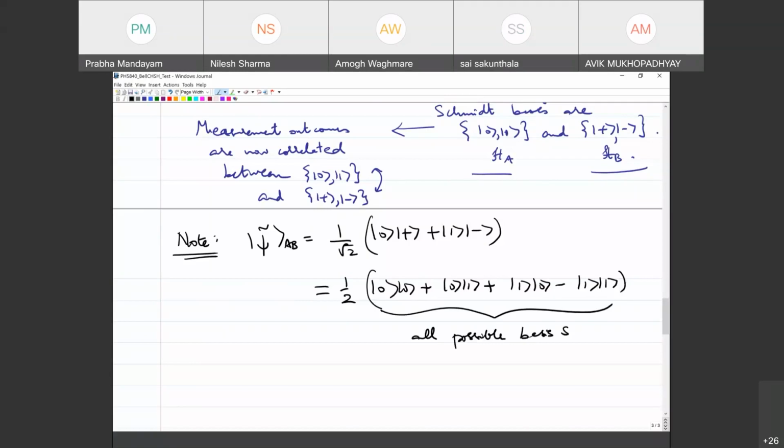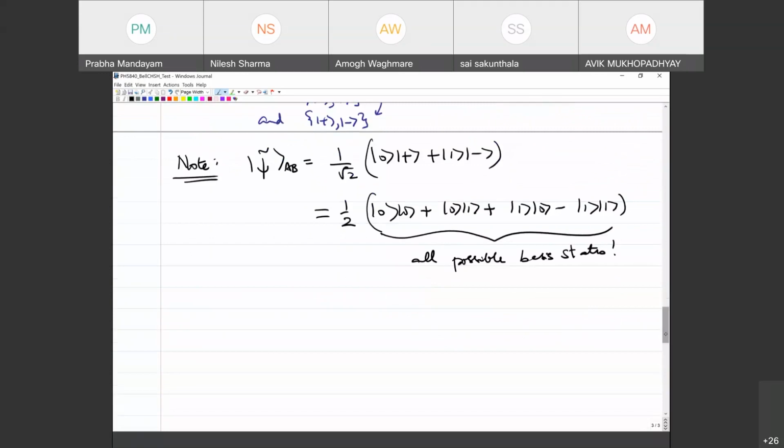So if I were to measure these two qubits, both of them in the 0, 1 basis, are they correlated? There is no correlation as far as the 0, 1 bases are concerned.